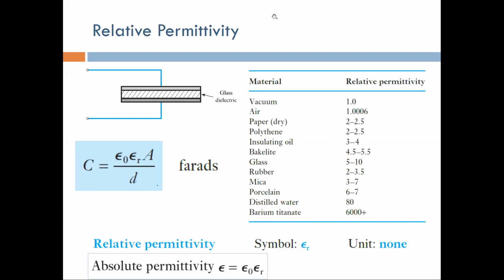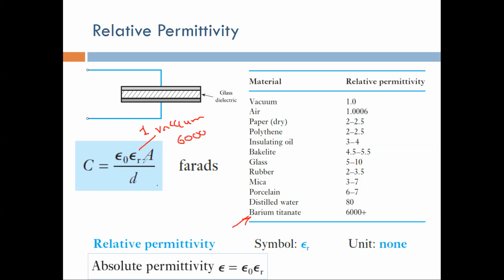Looking at this equation, if you have a vacuum, you will have this as 1. If you have barium titanate, it's going to be like 6,000.